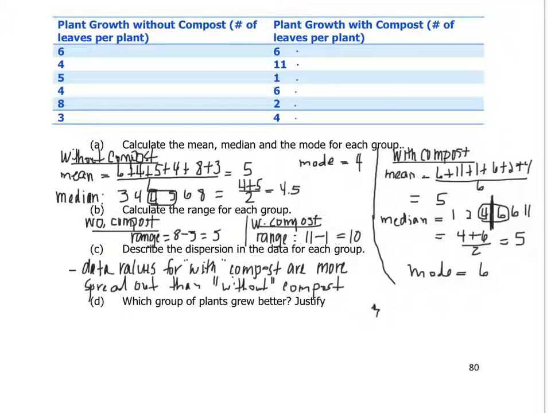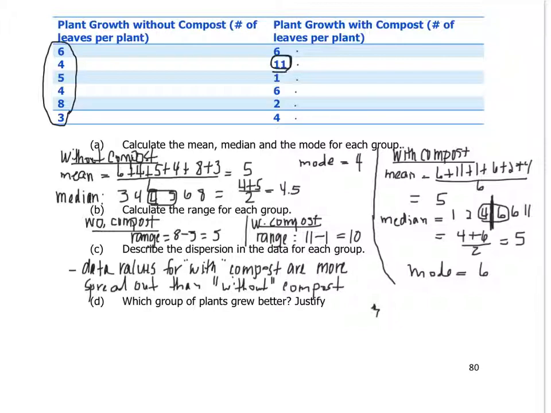There was a real high value in the with compost of 11, but in terms of the overall data, this data here seems to be a little bit more consistent, and it also seems to be more typical, whereas the data with compost had just one real high one, but the rest were lower. A couple of them were actually lower than the lowest one in without compost.